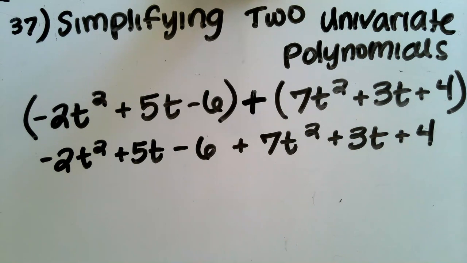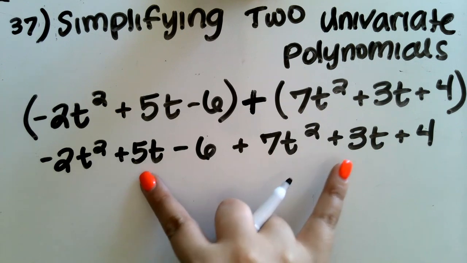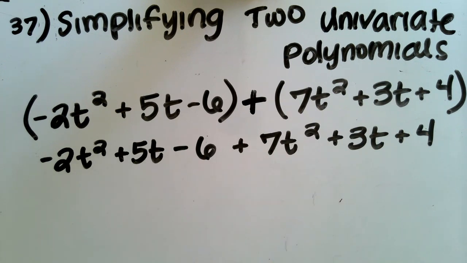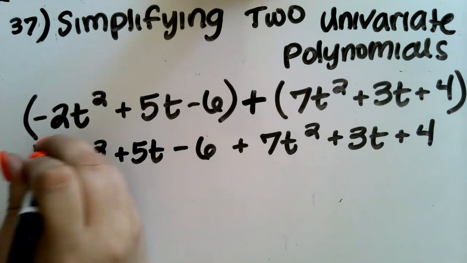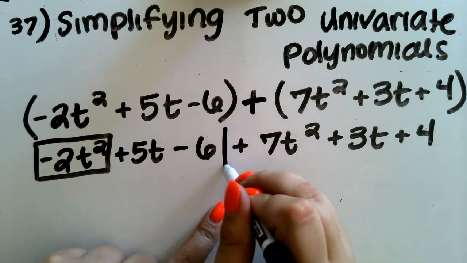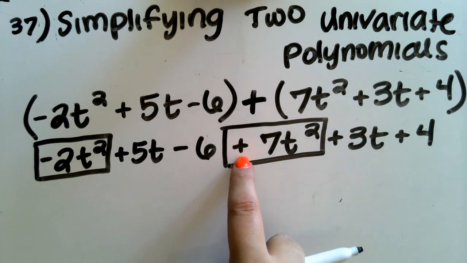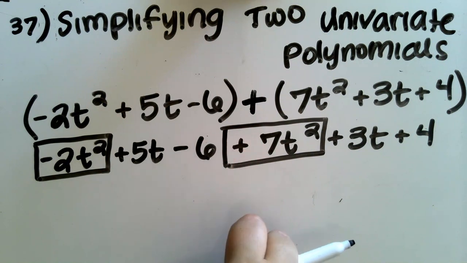Now it's our job to combine like terms. Remember, we can only combine the things with the same exponents, okay? One way that I like to do this, to make sure that we're not combining anything we shouldn't be, is to draw shapes around each of the terms. First up, anything with a squared, I'm going to draw a square around it, and please note that I am including the sign sitting in front of it, okay?